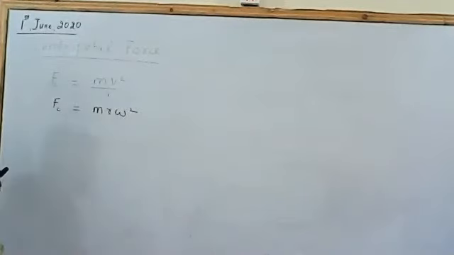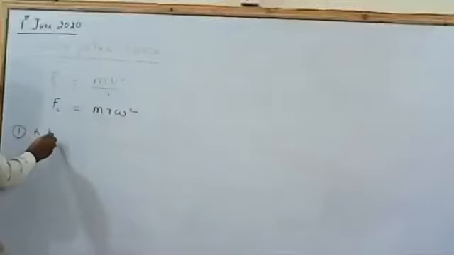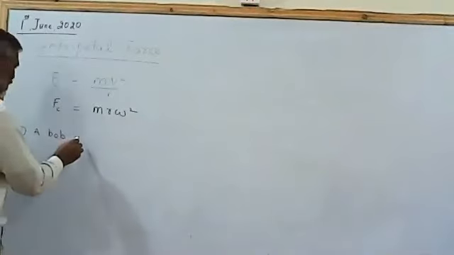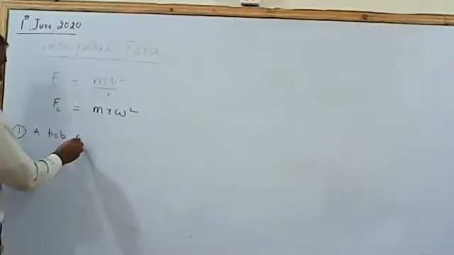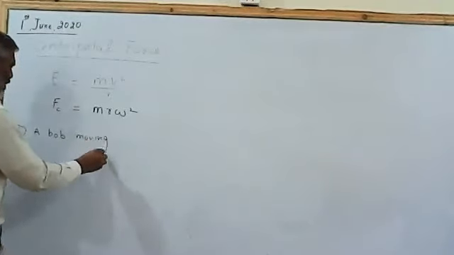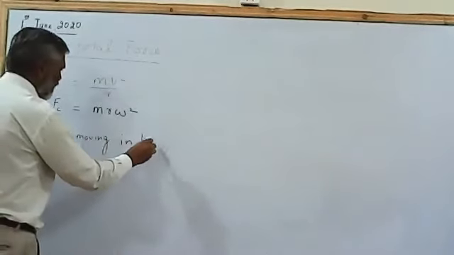But I would like to relate this to those situations where centripetal force needs to be worked out, needs to be identified with some resolution of forces into 2 components. For example, a bob moving in a horizontal circle.